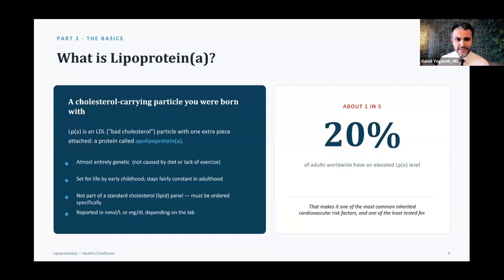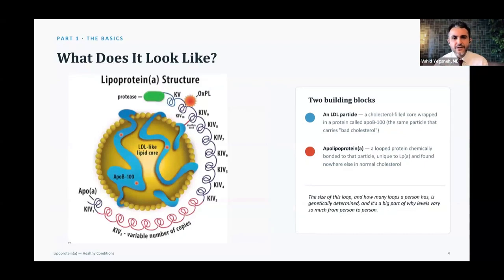I'm going to skip forward because I'm visual, and maybe others are the same as me. Looking at the left side of this slide, we see the yellow circle. That yellow part is the lipid core, and the blue around it is what we call ApoB. We don't need to dive into that, but the golden and the blue part is essentially an LDL cholesterol. You can consider it to look like that.